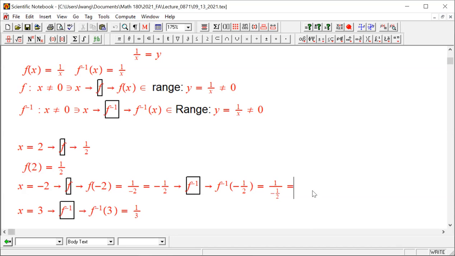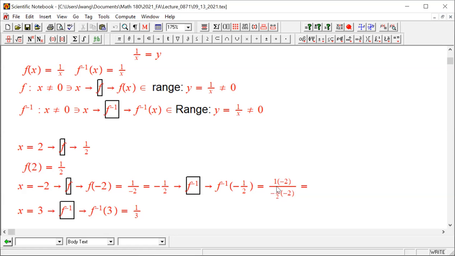How do we simplify this complex fraction? Multiply the numerator and the denominator by -2. Sure. You can multiply the numerator and denominator by -2. So you're using principal number 1, right?